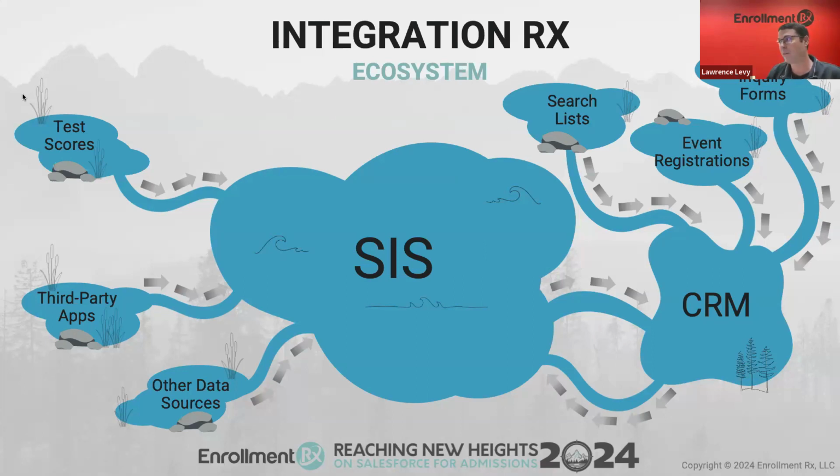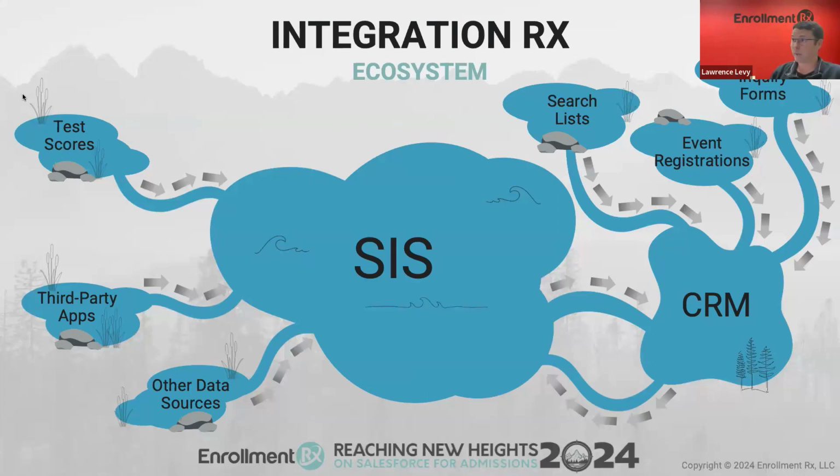They might also have applications coming into the CRM from some other source, or maybe from the CRM itself or some other application system, right? And so all of that data could be coming into the CRM, but again, the emphasis that we would often see here is that their SIS is a big part as well of their admissions processing activities. And so clients like this would come to us, just to name names here, right?